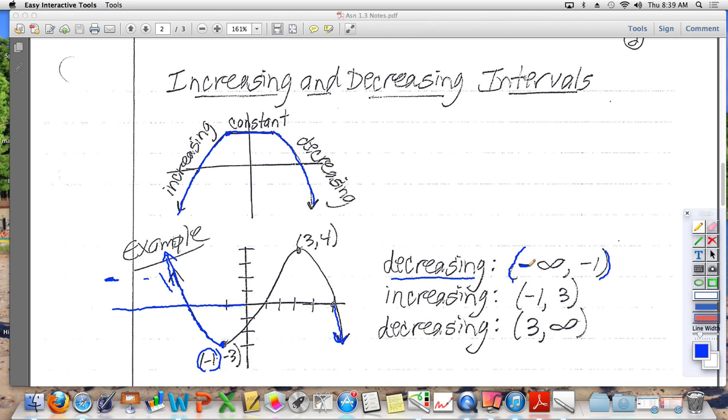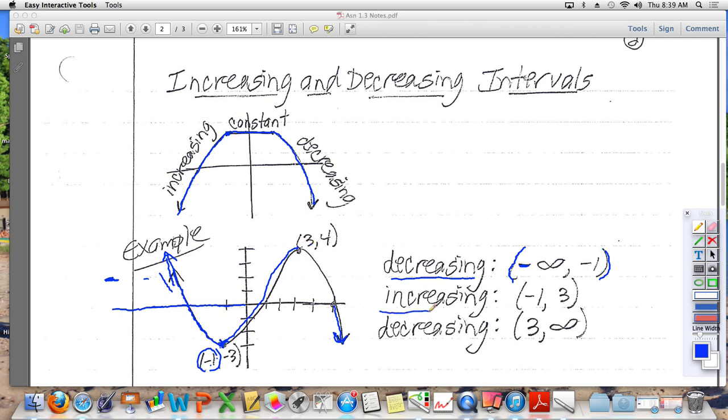Now, why do I not have a bracket after the -1? Because it keeps going. Right? Well, yeah, because it doesn't stop here at -1. It's kind of like a pause, and then it starts to head up again. So then the graph is increasing, starting with that x value of -1, and it increases, increases, increases, increases, increases, until you get up here to an x value of +3.